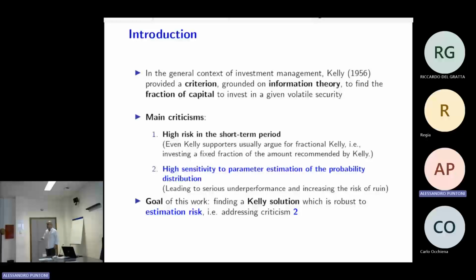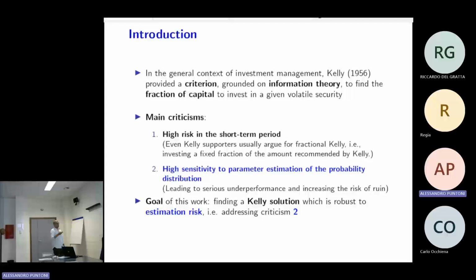But the other one that is also most important is that we have a high sensitivity to parameter estimation of the probability distribution, in the sense that if we are wrong in the parameters of the model that we are using to find the solution, typically you get some serious underperformance and also high risk of failure. So the goal of this work is, within this framework, to find a Kelly solution that is robust to this sensitivity to the parameter estimation, which is called estimation risk in finance.